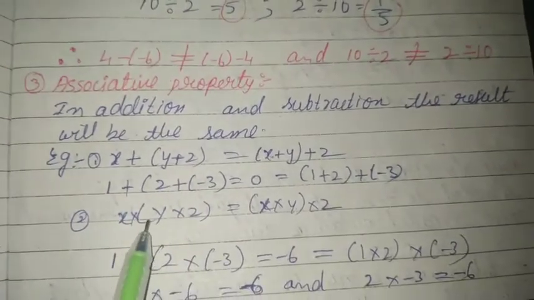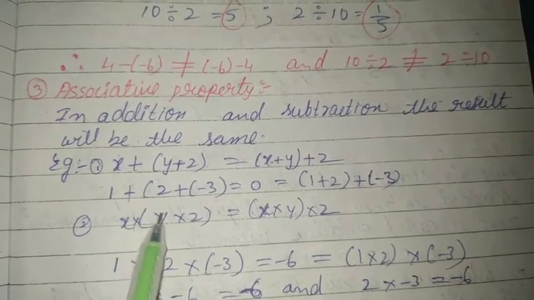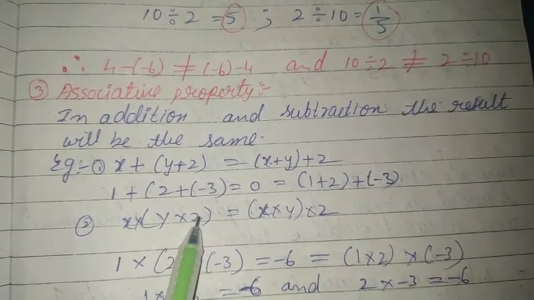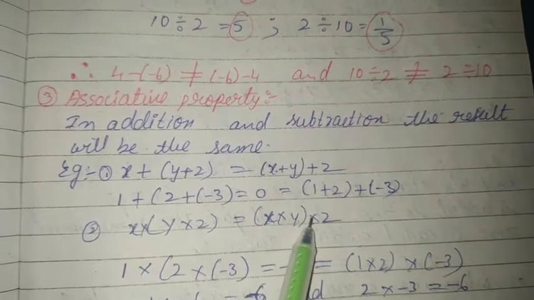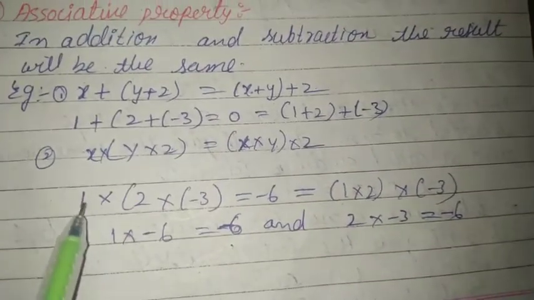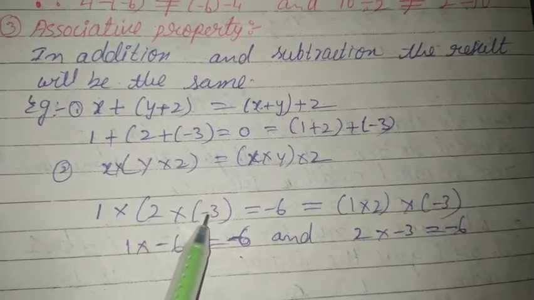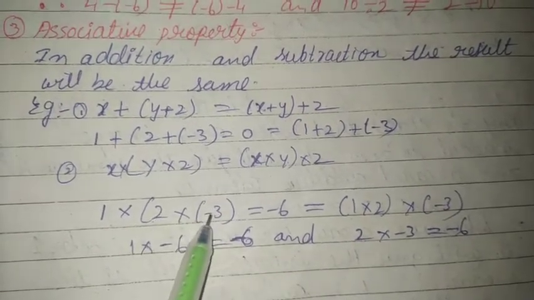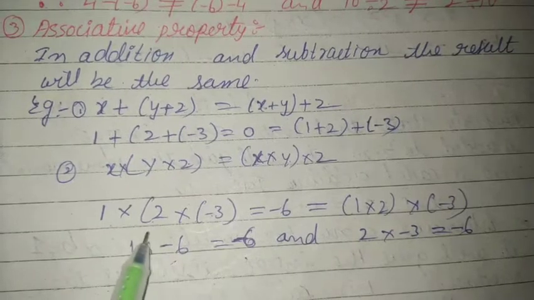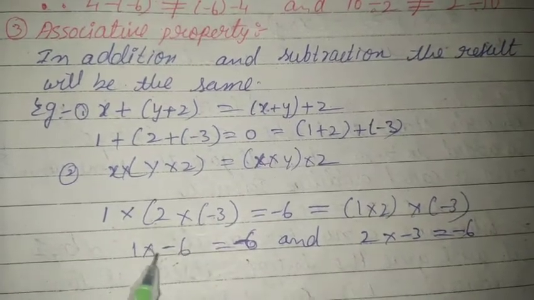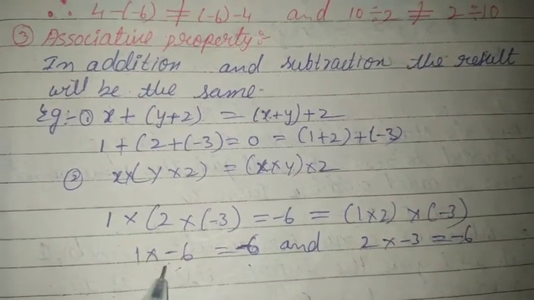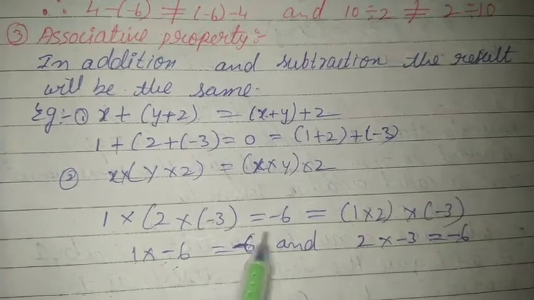In the same way, multiplication also: x into y into z, x into y into z. For example, 1 into 2 into minus 3. 2 and 3 we are multiplying. 2 threes are 6. Plus into minus, minus. 1 six are 6, that is minus 6.